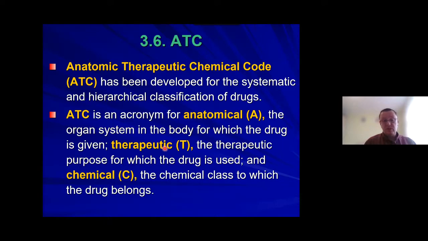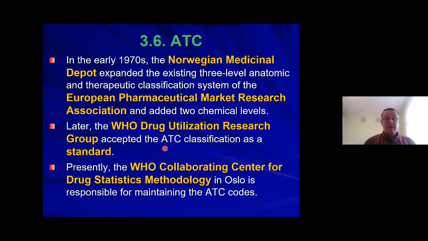ATC is an acronym for the anatomical organ system in the body for which the drug is given, the therapeutic purpose for which the drug is used, and the chemical class to which the medicine belongs. It was developed by Norwegian medical depots in the early 1970s. Later it was adopted by the World Health Organization, especially by drug research groups, which accepted ATC and made it a national standard.